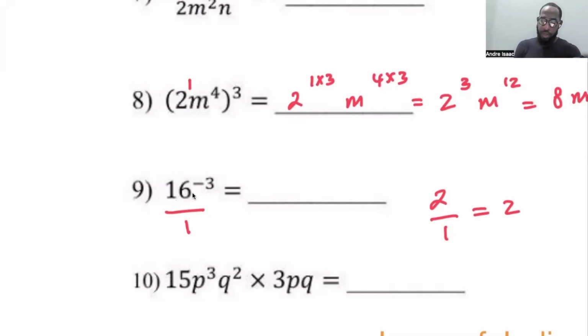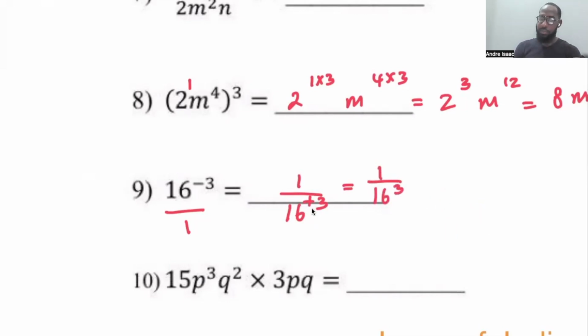So I say 1 over 16 to the plus 3. This 16 to the plus 3 states that's the original position because it's positive 3. So this is 1 over 16 cubed.